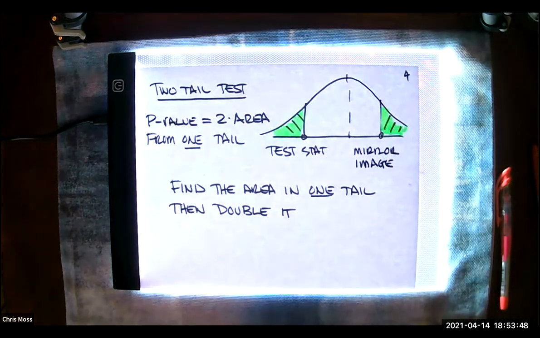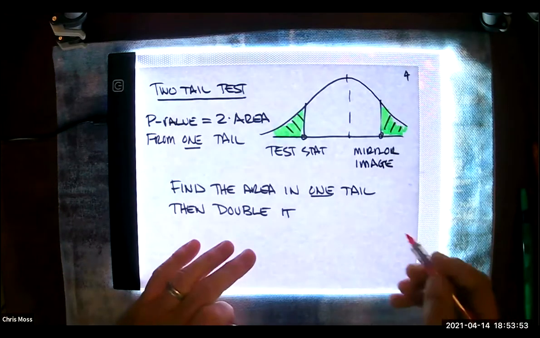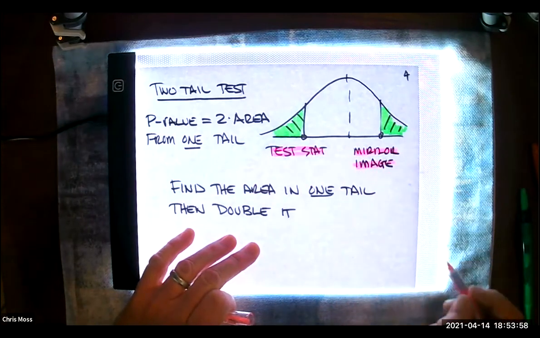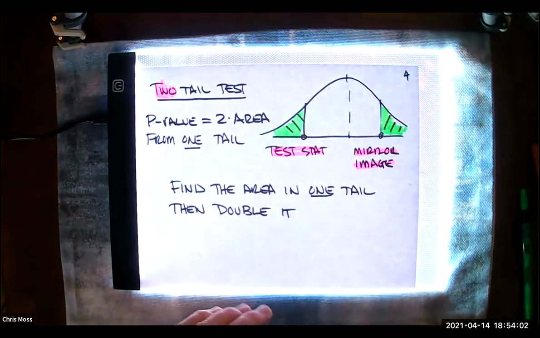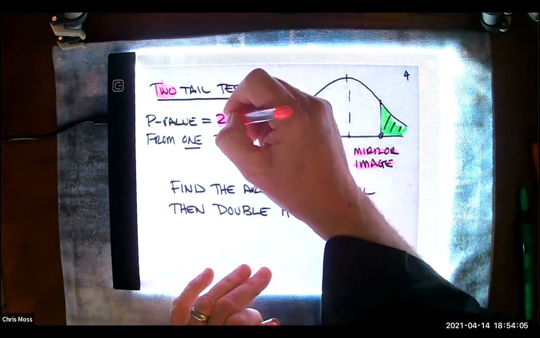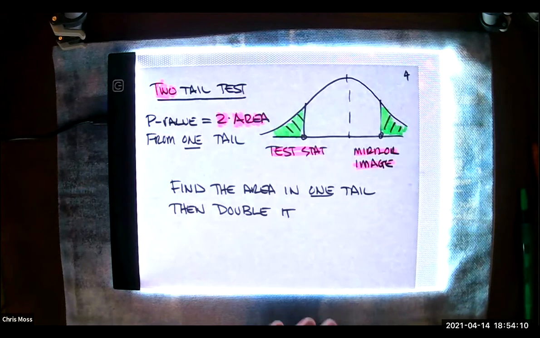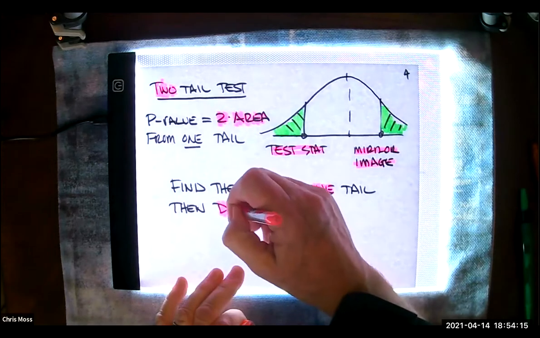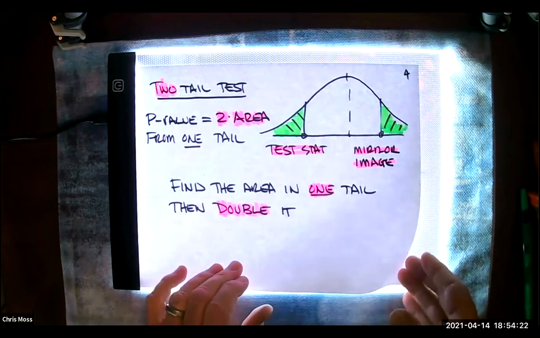It really depends on whether the t value or the z value given to you is negative or positive. The point is you've got to supply the other side, whichever one is missing. That's why we multiply it by twice that area. And as I say, we like to find the area in one tail, and then we do what? We double it. So it just saves the work a little bit, and that's really how we approach the problem.